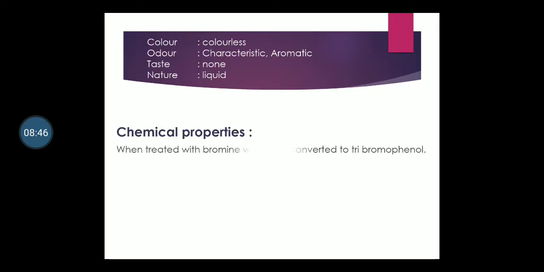Next, as far as the physical properties of phenol are concerned, it has a characteristic color and is liquid in nature; normally we have seen liquefied phenol, so mostly it is available as a liquid. Chemical properties: when it is treated with bromine water, it converts into tribromophenol. The reaction is a bromination, in which phenol reacts with bromine in the form of bromine water.